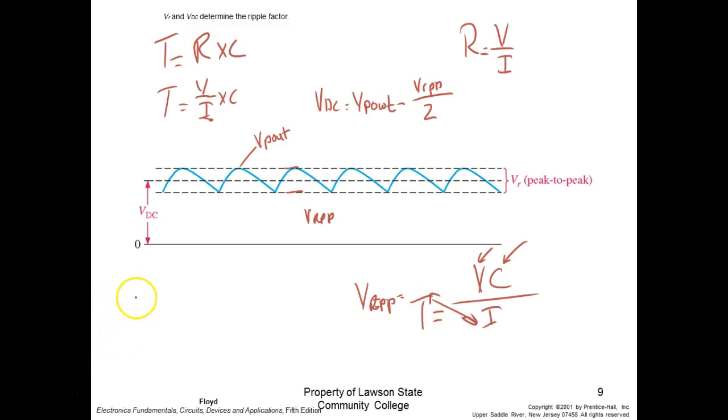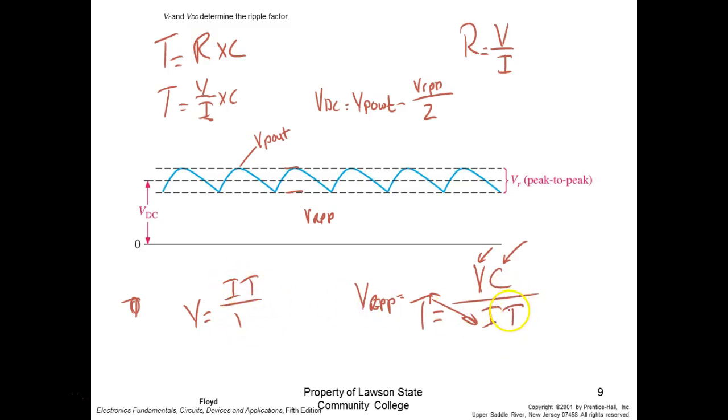So now, I'm sorry, we're solving for V. So we have to flip them around, right? So V, we would move time over here, right? Everybody okay? Now flip them over. So V would be equal to I times T over C. So we got I up here.